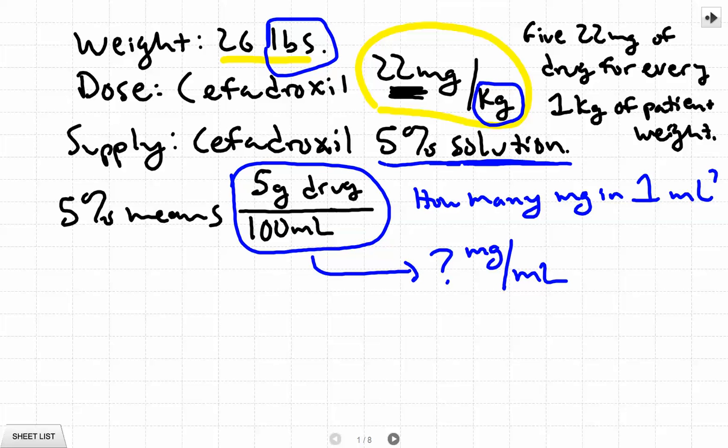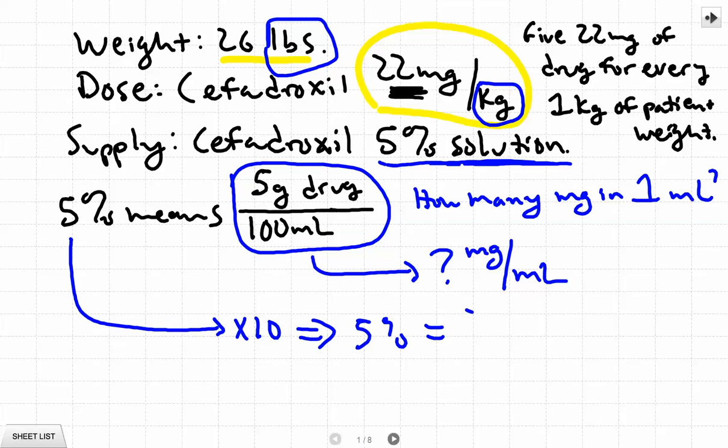The way to do that is very simple. What we're going to do is take the number in the percentage, the 5, and multiply it by 10. And we're going to see that 5% is the same as 50 milligrams in 1 milliliter. And that's the trick, if you want to call it that.